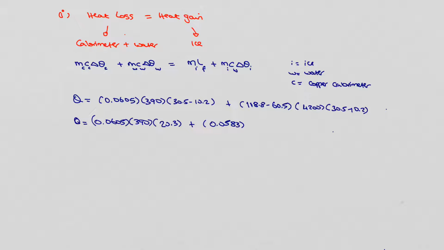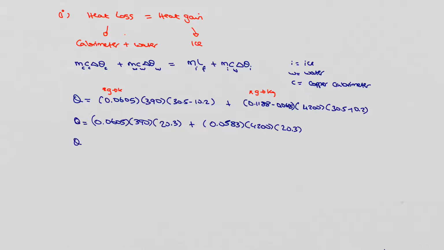So let me just go back there and change that to kilograms, sorry. So that should be 0.1188 minus 0.0605 there in kilograms. Same here. And then that is times 4,200 times 20.3. Okay, so let's put all of that into our calculator.